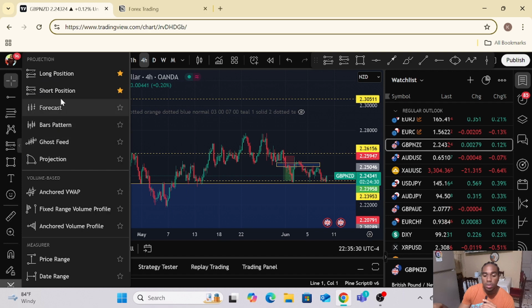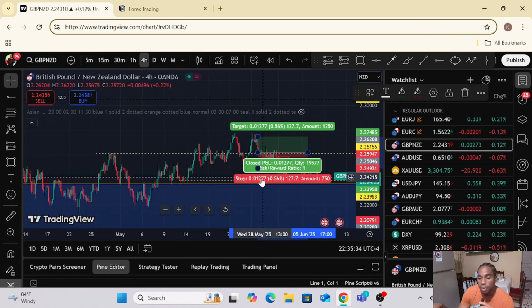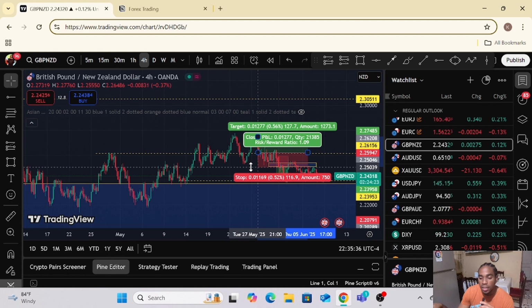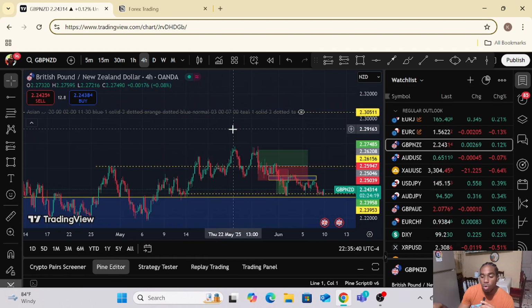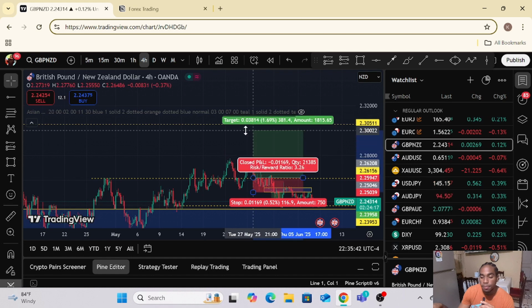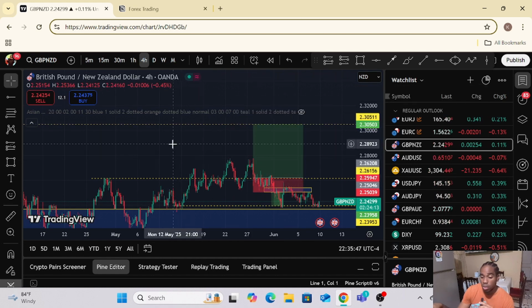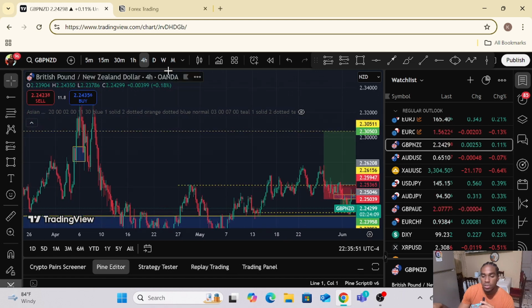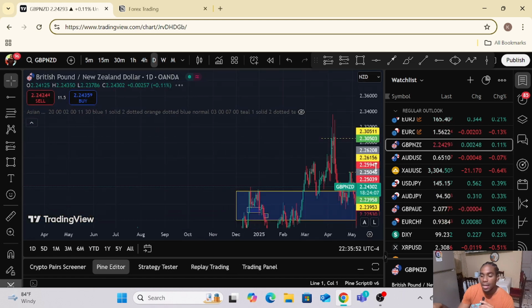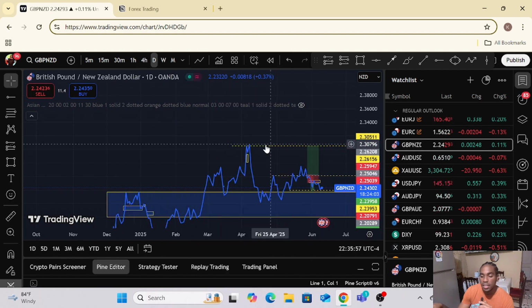So I did something like this, went long somewhere here, stops somewhere under here, and then my TP was all the way on top of here. So a nice big trade, a nice big 1:2.6. Why? Of course, I always target the highs, the close of the highs, and I was targeting a daily close at the time. As you could see, it pairs up nicely.